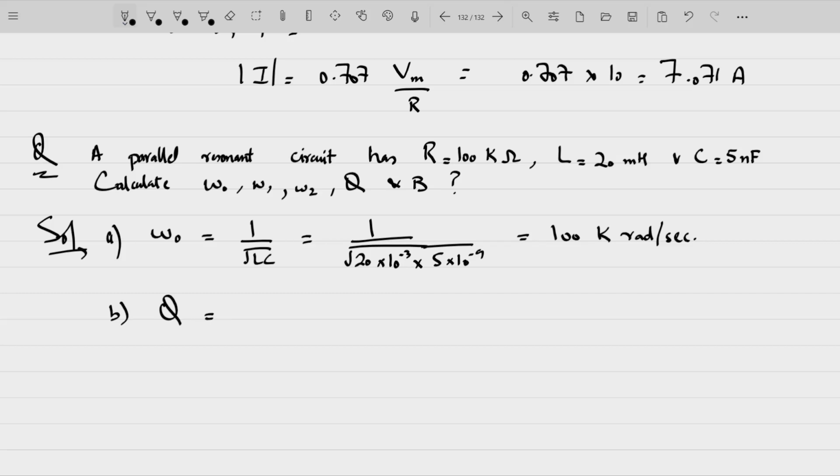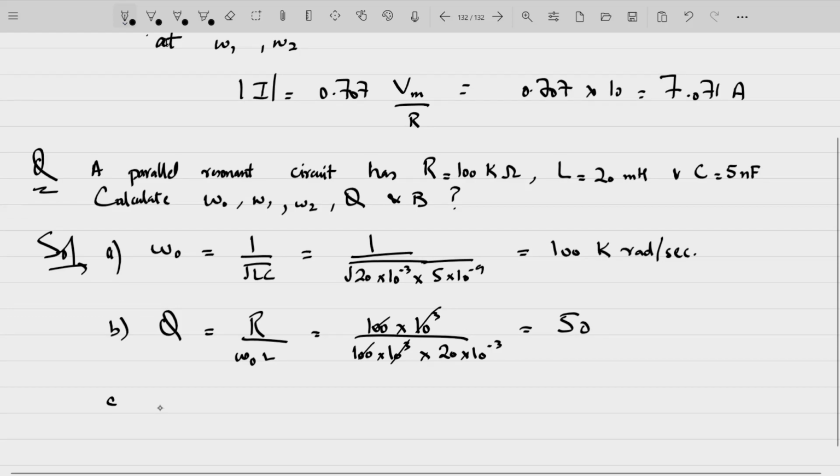As we know, for a parallel RLC circuit, the quality factor formula is R divided by omega naught L. So this is 1 by 1000 by 20, so that means 50. 50 units, it's dimensionless.